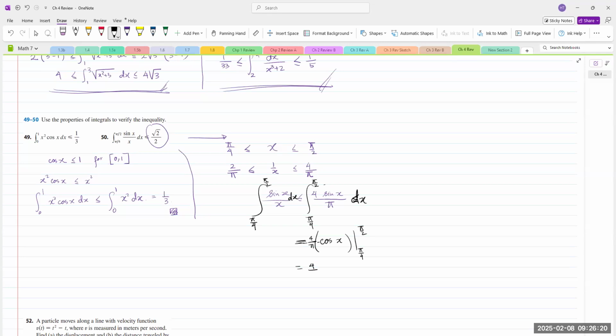Then I get 4 over pi of cosine pi over 4, that's radical 2 over 2. I think I kind of overkilled it. I'm still thinking.